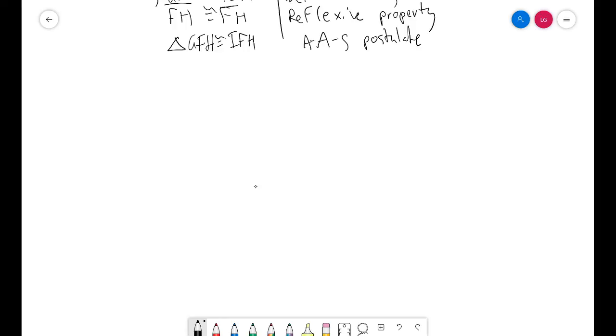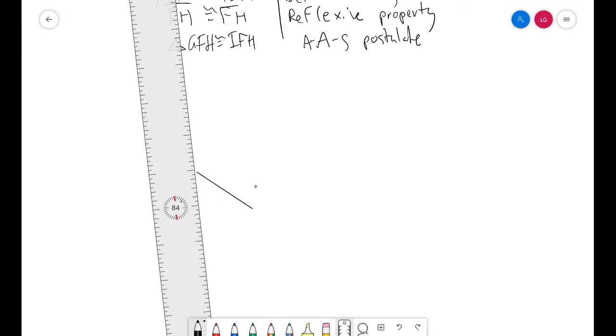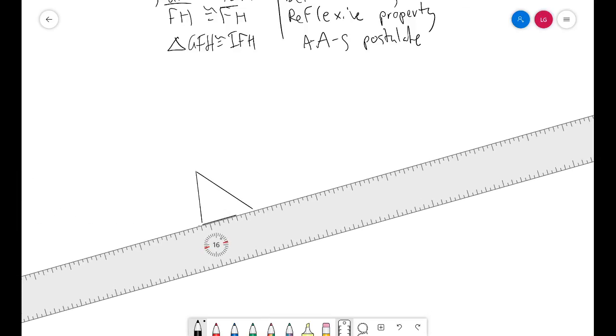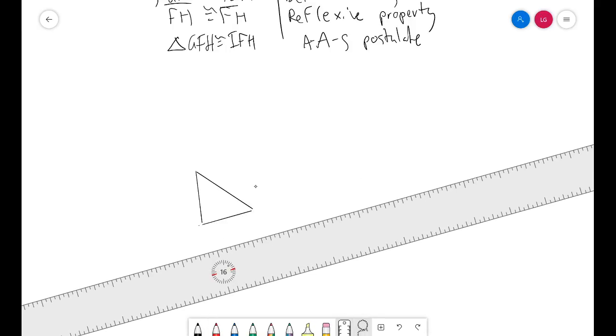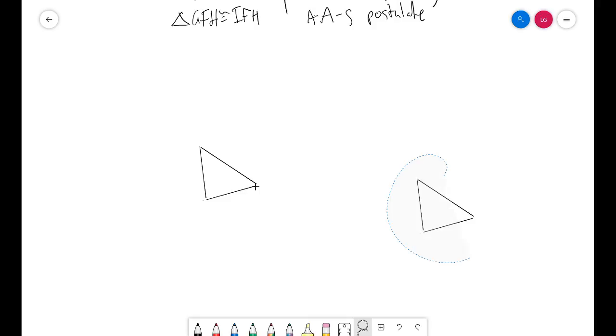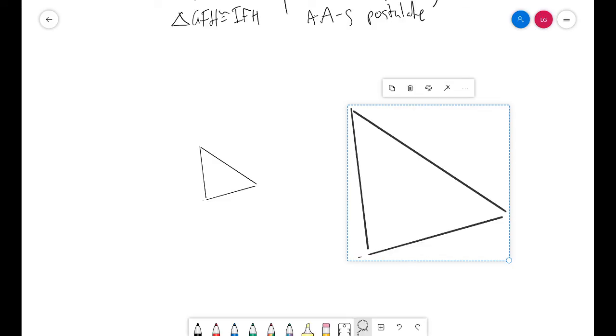And just to reiterate something from a prior discussion, we know that knowing three angles are congruent to each other is not enough to say that the triangles are congruent, that there's something else going on here.